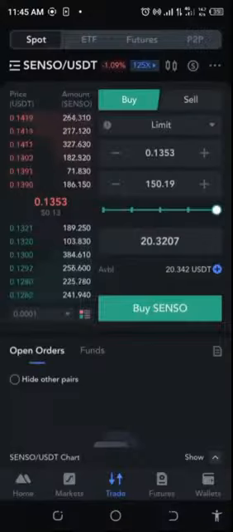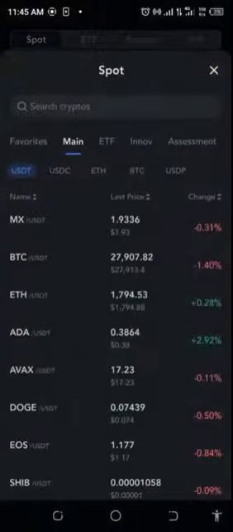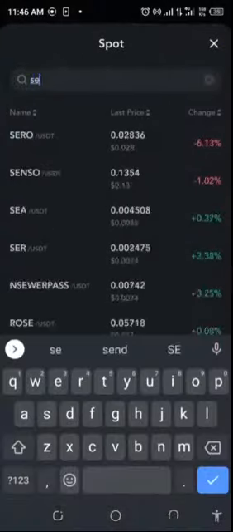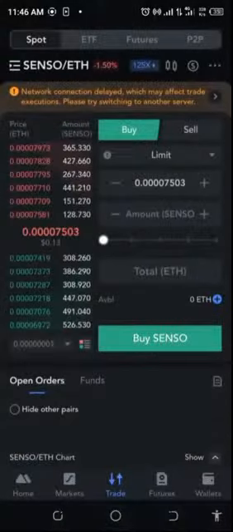You can see now it's gone down to 150.19. Okay, so let me copy this. Cut that and then go to Senso ETH. Senso ETH is supposed to give us what?